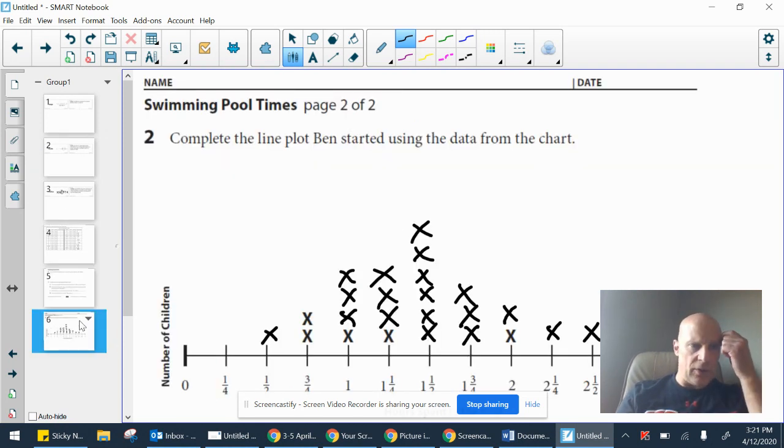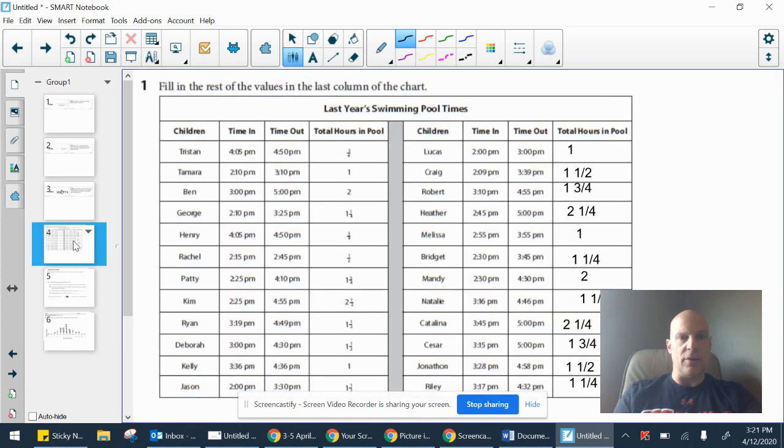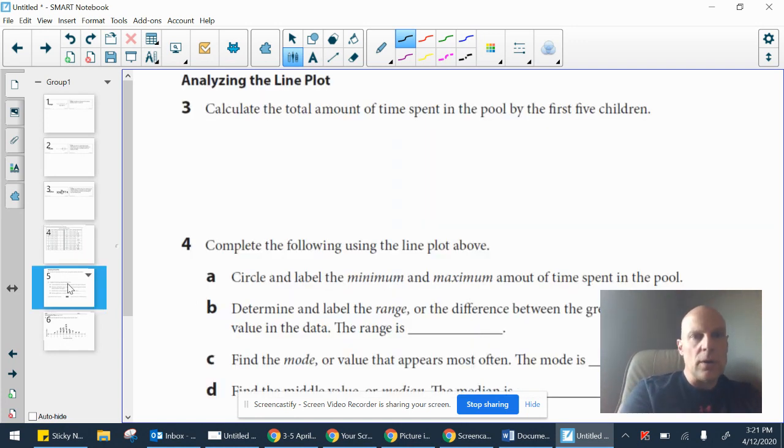So what we need to do is calculate the amount of time spent in the pool by the first 5 children. Let's look at our first 5 children here. We have 3/4, 1, 2, 1 1/4, and 3/4. I'm going to go ahead and write those down. 3/4, then I have 1, and I had 2.